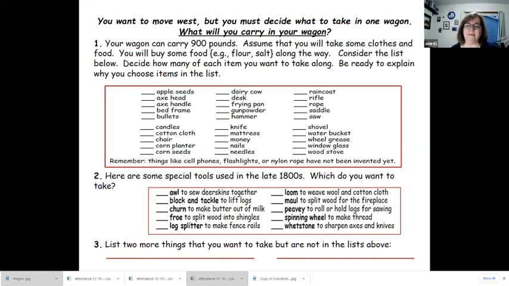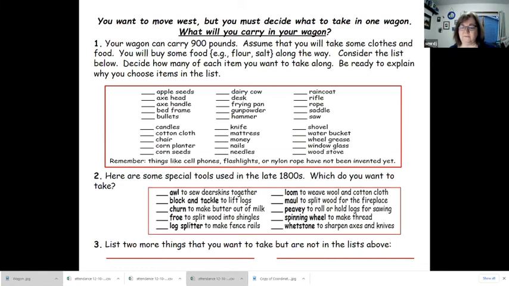And now the criteria begins to get a little bit more involved because as a group, they had to decide what they could carry in their wagon because they can only carry 900 pounds. And so you start finding out that students don't agree on what's important.